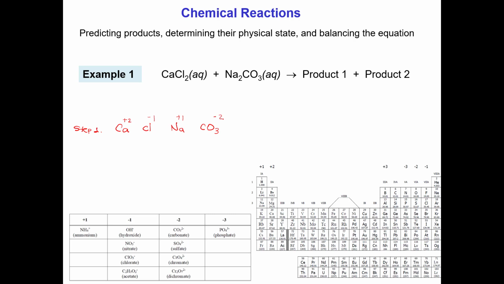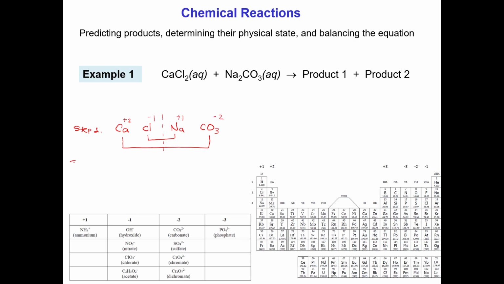Now let's combine the ions. The ions will always be combined positive with negative, because positive and negative attract. So calcium will react with carbonate, and chlorine will react with sodium.